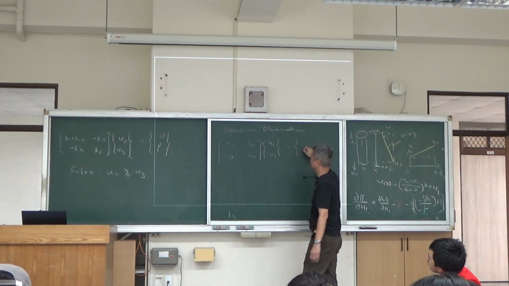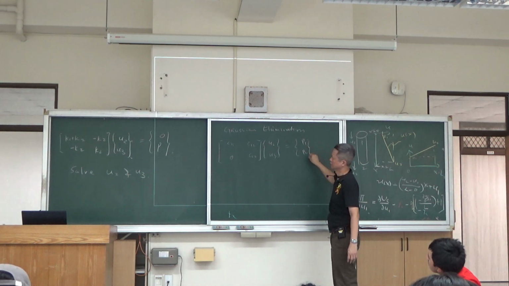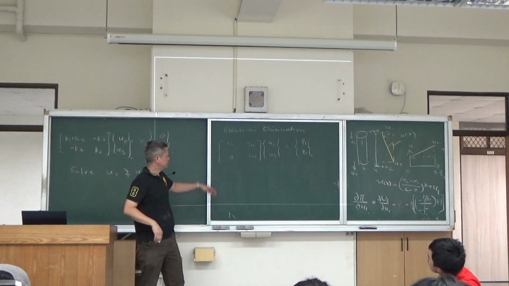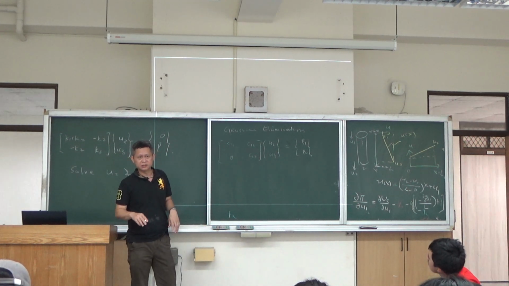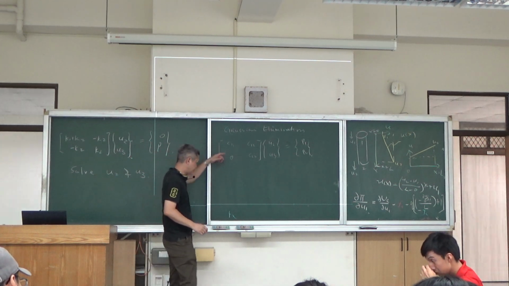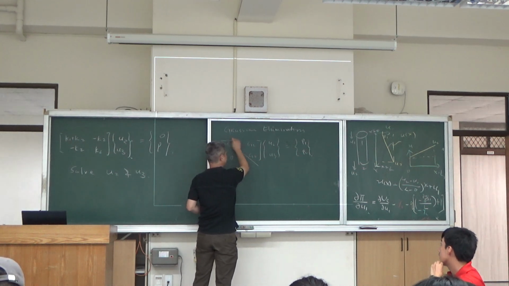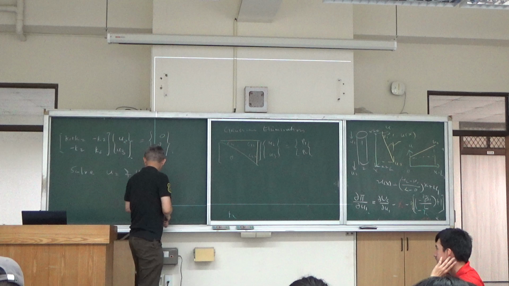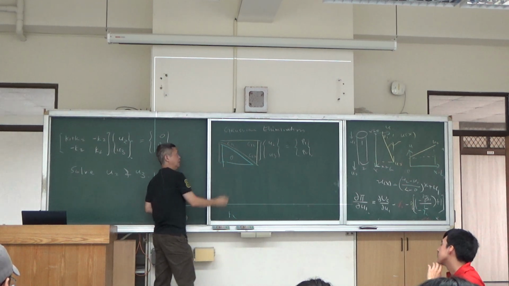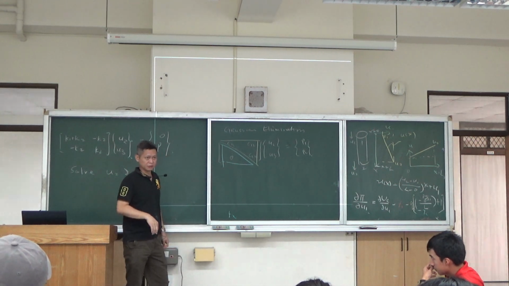This is your, let's say, row 1, row 2. For Gaussian elimination, I am directly telling you the final result: you want to turn it into an upper triangular form. So what you have to do is make sure that it is non-zero above the diagonal, but 0 below the diagonal.